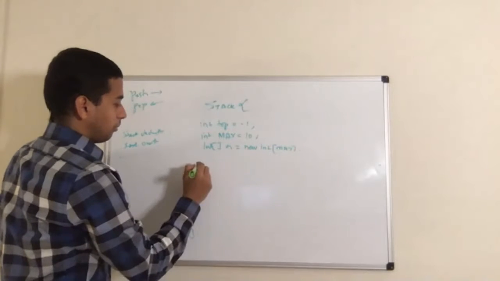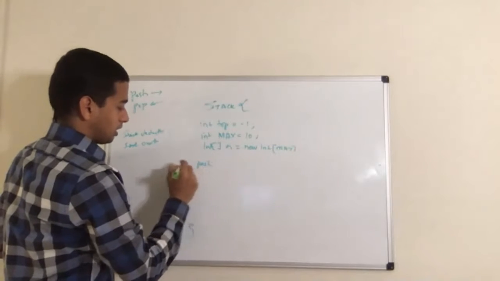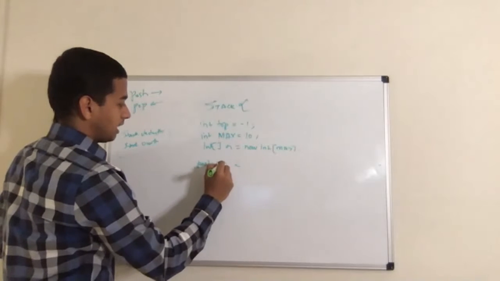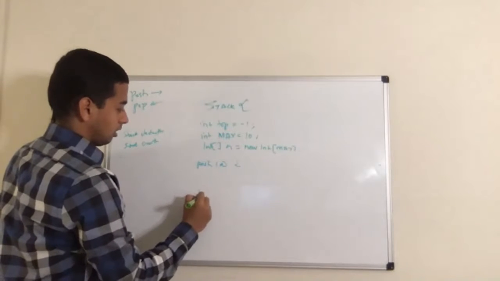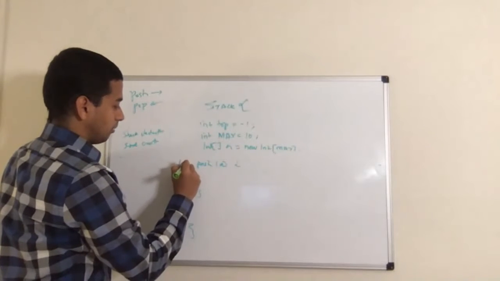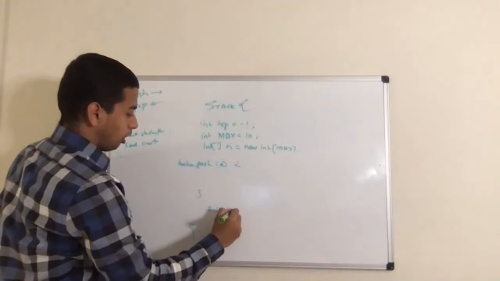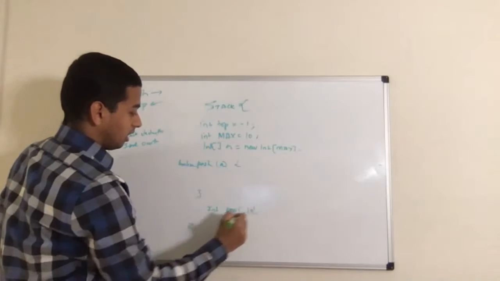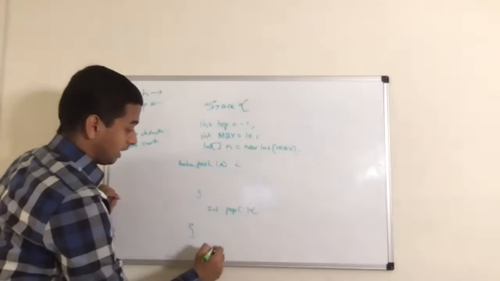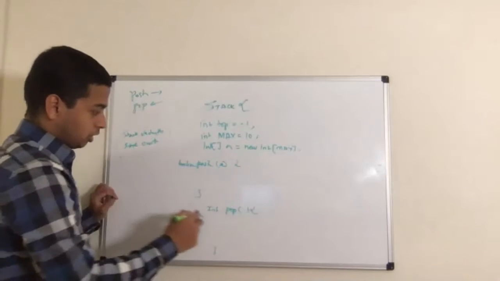Now I'm writing the routines. One is push, which takes an input and can return a boolean, and the other one is pop. It doesn't take anything, but it returns something.